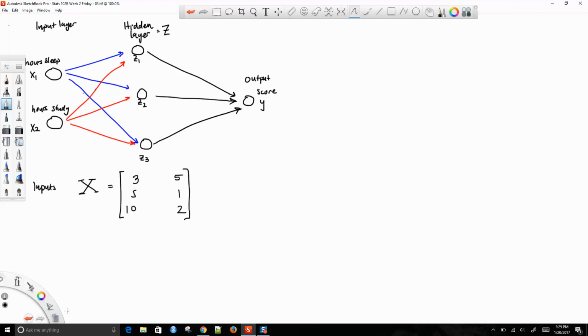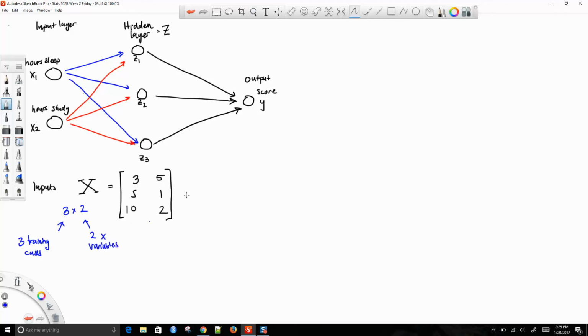X will be our 3x2 matrix right here. We have 3 training cases and we have 2 X variables.